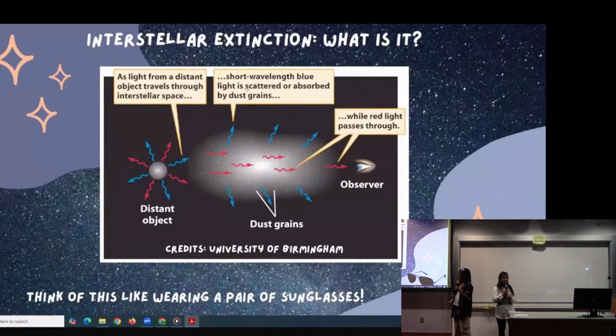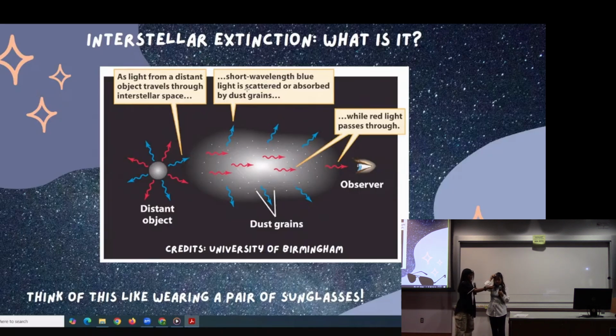Alright, so now that we have applied both our filters, you may think it's time for us to start estimating the age of our cluster. Well, we're not that close yet, as we have another problem to deal with, which is interstellar extinction. What exactly is interstellar extinction?